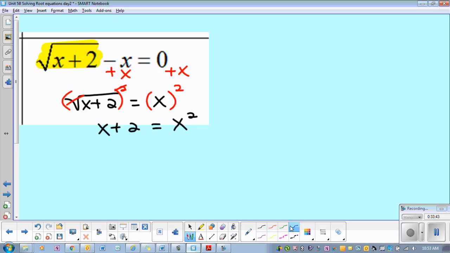So you want to keep your square term positive. That means I want to move this guy. And I want to move this positive 2, so I'm going to subtract 2 as well. Great job.